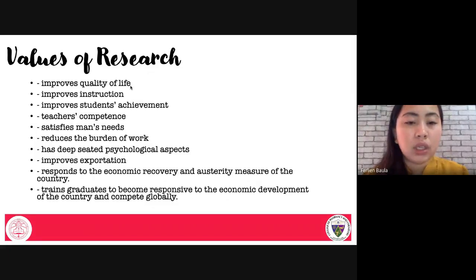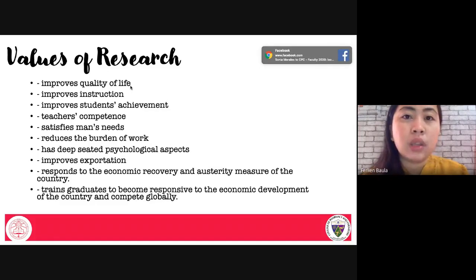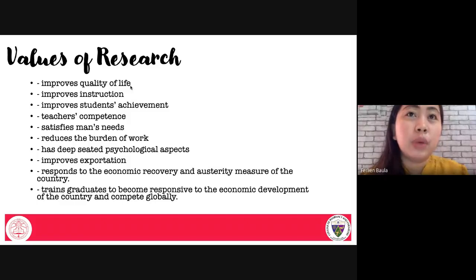So hopefully, the vaccine that they will produce will really improve our quality of life. And I want you to realize that before we can improve the quality of life with that vaccine, it needs to be tested with humans. So there are really sacrifices to be done in order for research to improve quality of life.